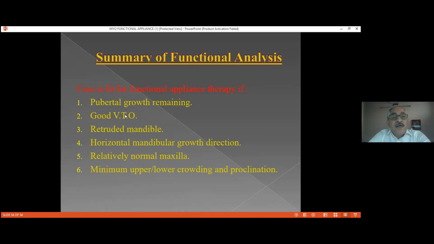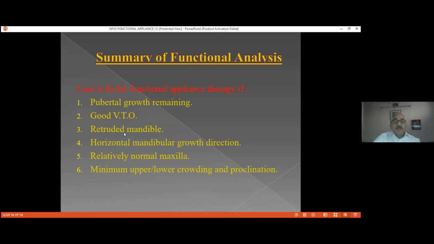It has to have a good VTO, that is, the visual treatment objectives should be positive. The profile should improve while bringing the mandible forward.